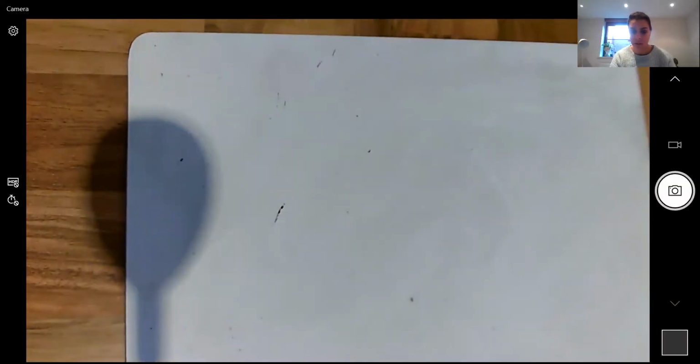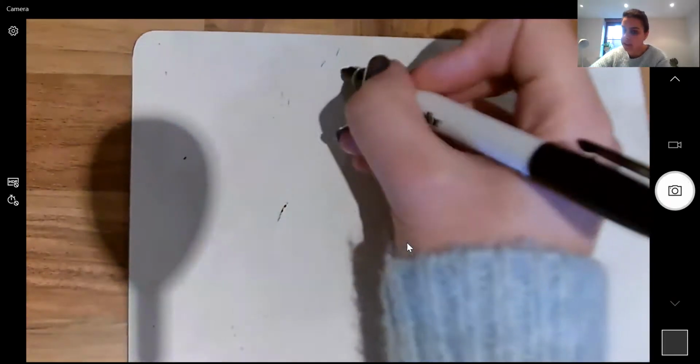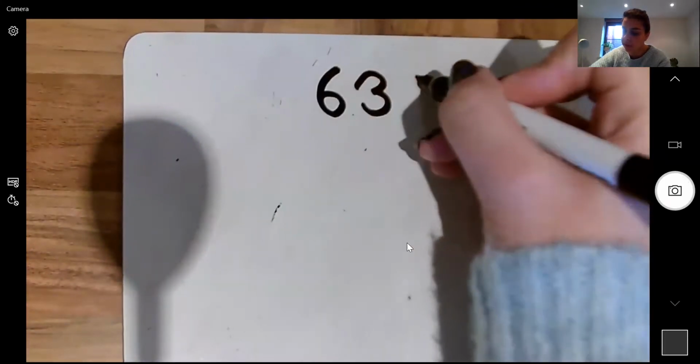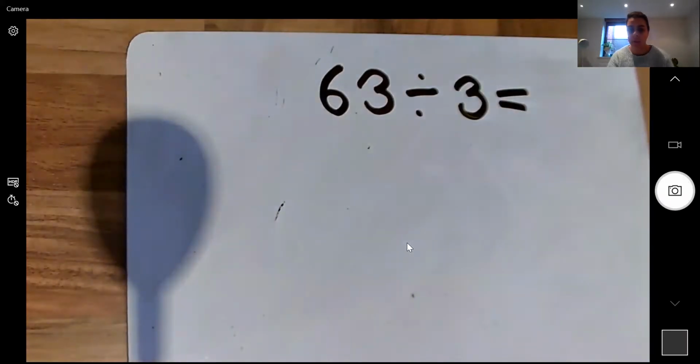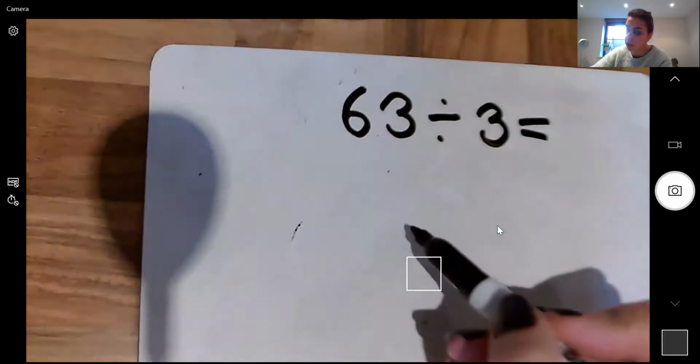So my first question is going to be 63 divided by 3. Can you write that for me? That would be fantastic. If you could write that on your whiteboard or your scrap piece of paper or your part-whole model, and then we're going to draw our part-whole model.